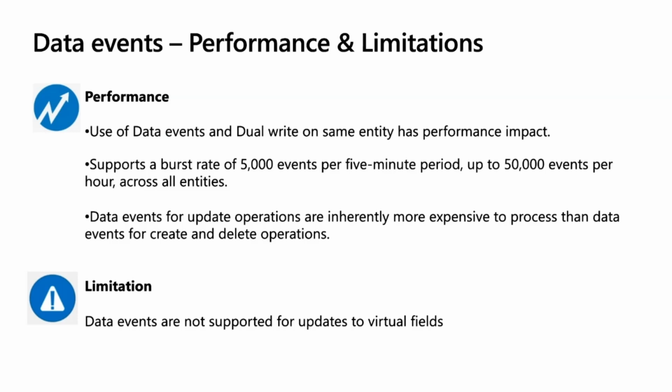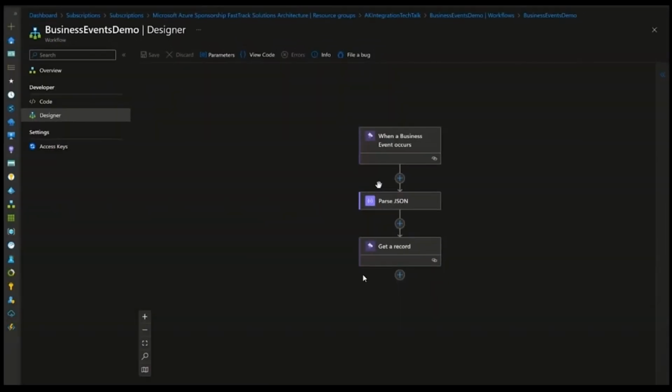Now moving on, we have a demo of how you can capture business events using Azure Logic Apps, how you receive the payload generated from the business event and use it to further integrate the end-to-end scenario. This is a simple example where I'm using an alert-based business event. As soon as the credit limit is changed on a customer, finance and operations will emit a business event, which I'm capturing here.